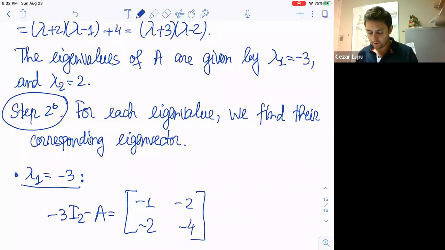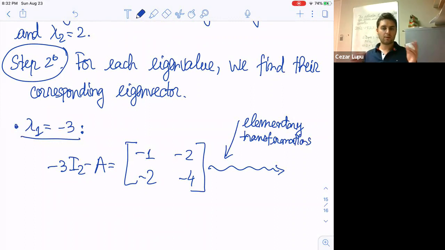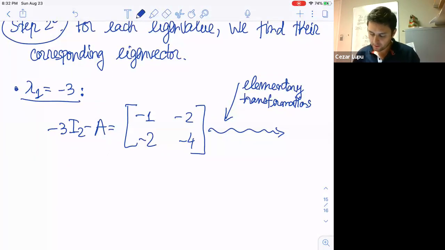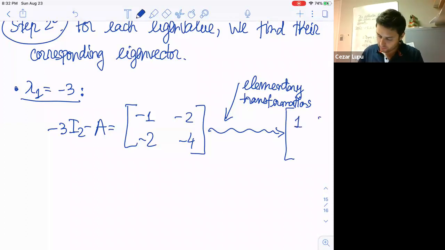And this, by elementary transformations, and I'll leave this to you as an exercise, you already know how to compute the eigenvectors of a matrix, will look like the following matrix in row reduced echelon form: 1, 2, and 0, 0.